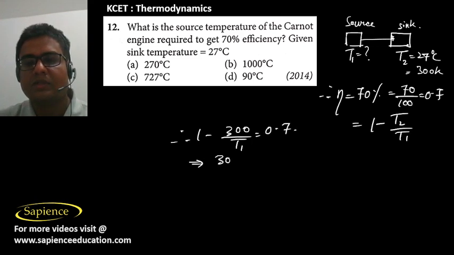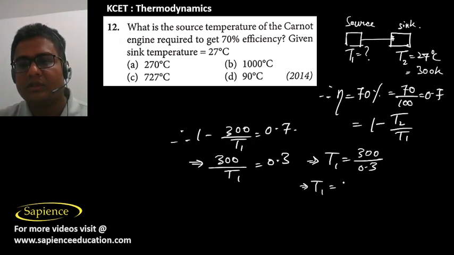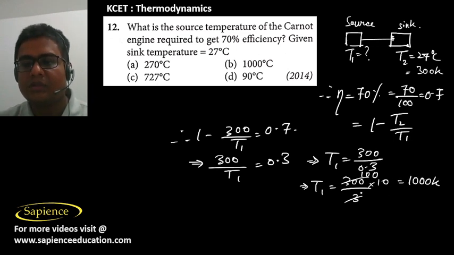So 300 by T1 is equal to 1 minus 0.7, which is 0.3. So T1 is 300 by 0.3, that is 300 by 3 by 10, which is 1000 Kelvin. 1000 Kelvin is the temperature of the source.